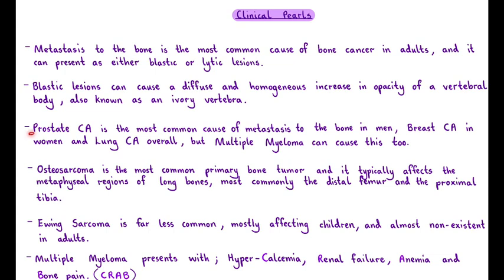Prostate cancer is the most common cause of metastasis to the bone in men, breast cancer in women, and lung cancer overall. But multiple myeloma can also cause this. Then osteosarcoma is the most common primary bone tumor, and it typically affects the metaphyseal regions of long bones, most commonly the distal femur and the proximal tibia.